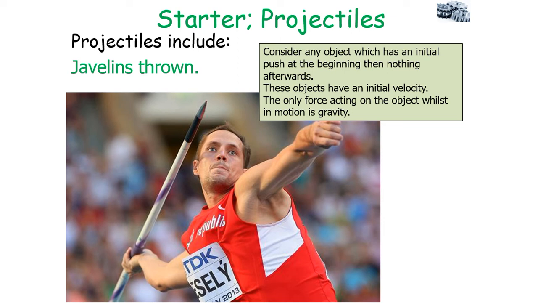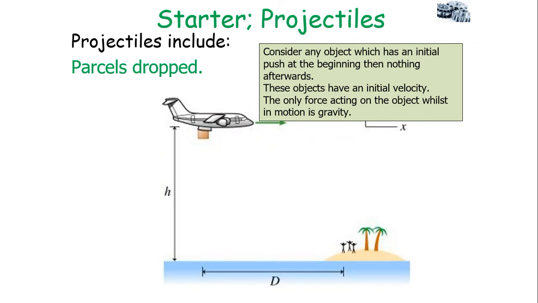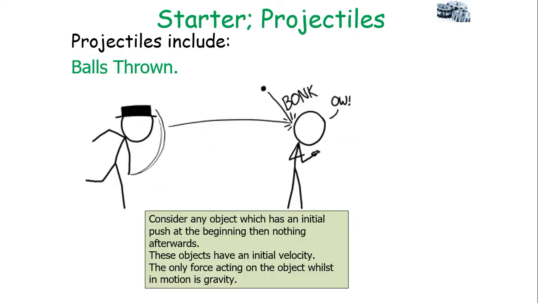For example, a javelin, a bullet being fired, a parcel being dropped, a ball being thrown. All those examples have objects which have an initial push at the beginning, then no other force acting on them afterwards, only the force of gravity pulling them down.